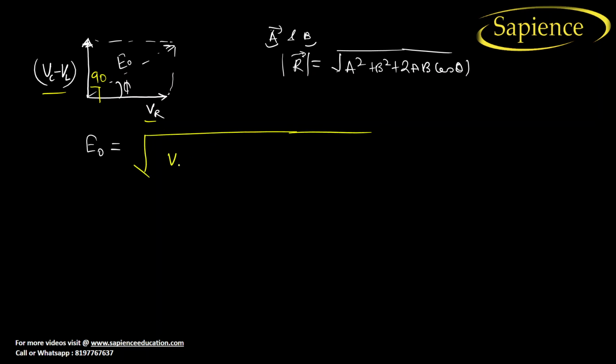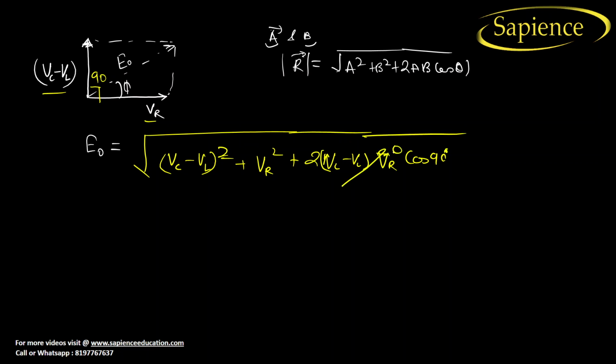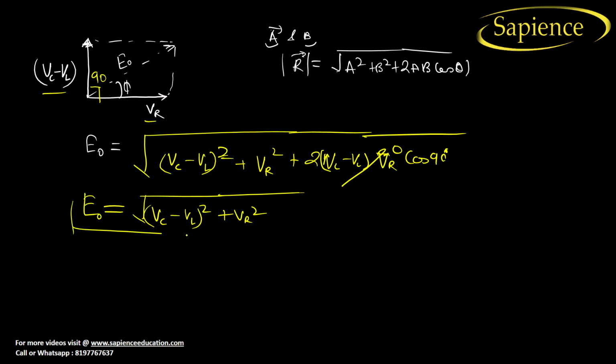This will be VC minus VL whole square, plus A square, that is VR whole square, plus 2AB, that is VC minus VL into VR cos 90 degrees. This whole term becomes 0 because cos 90 is 0. So finally we have E naught equal to root under VC minus VL whole square plus VR whole square. This is the EMF equation, so to find E naught, you use this equation.